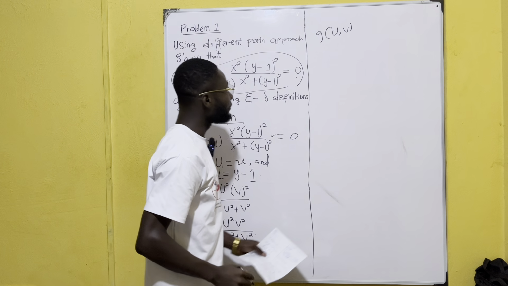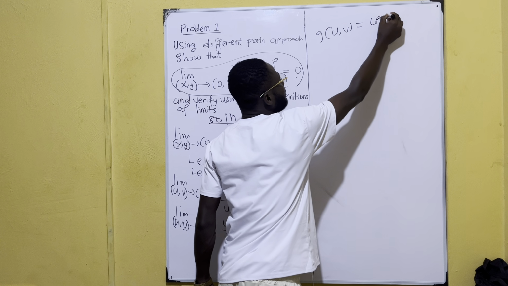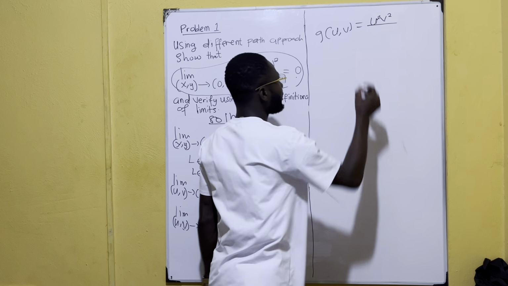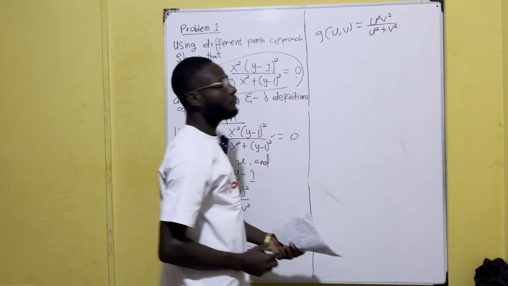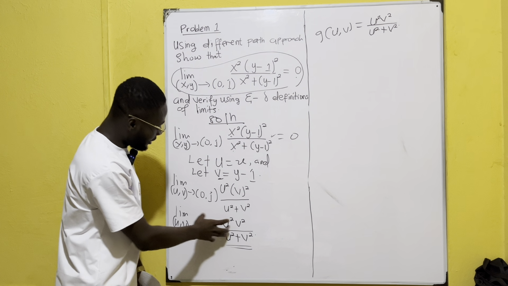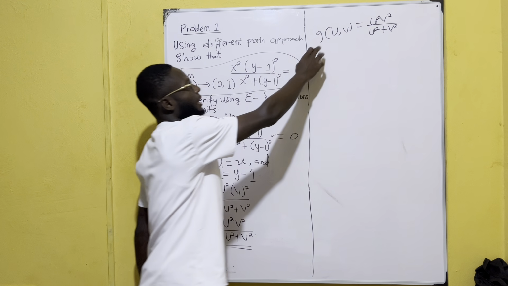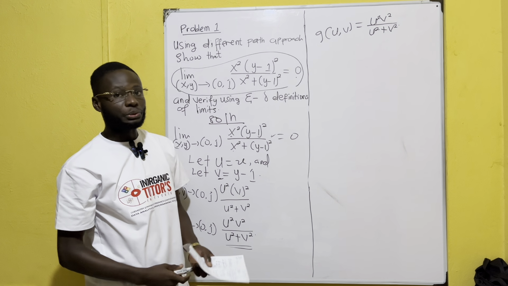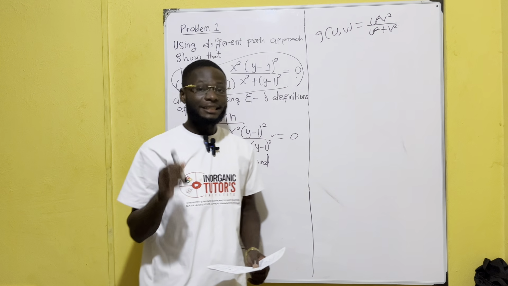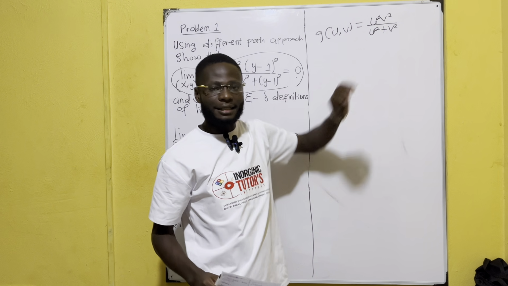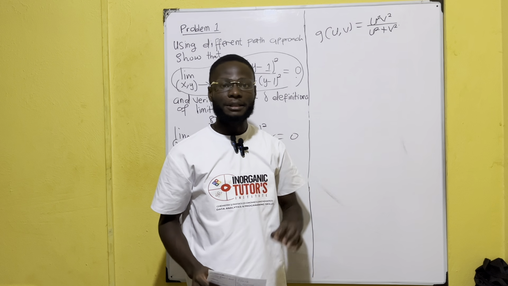So we have j of (u, v) equals u squared v squared divided by u squared plus v squared. All right, so we are trying to denote all this by j of (u, v), right? So now we want to show that this particular limit is 0. All right, we want to show that this particular limit is 0.